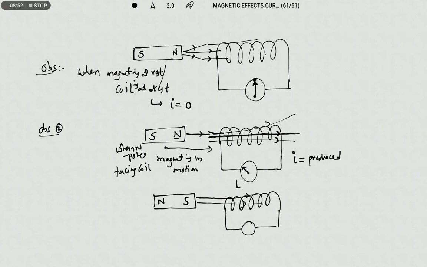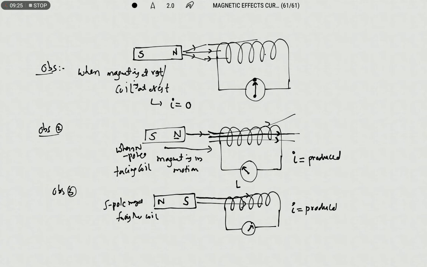Now here, observation 3: the south pole of the magnet is facing the coil. When the south pole of the magnet faces the coil, again there is a deflection, that means current is produced in the coil. But this time the deflection will be opposite to when the north pole is facing the coil.